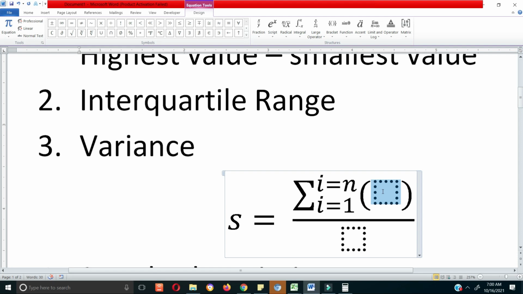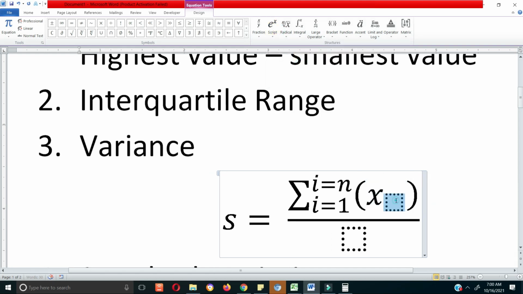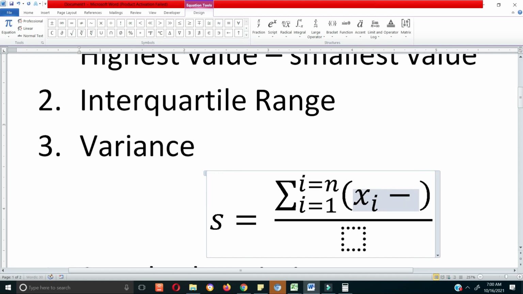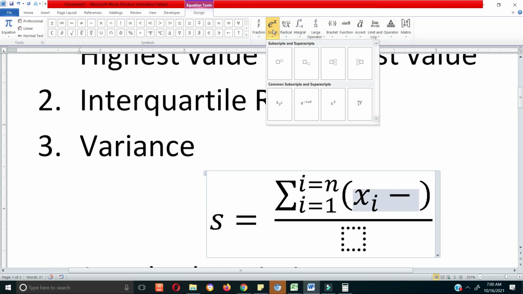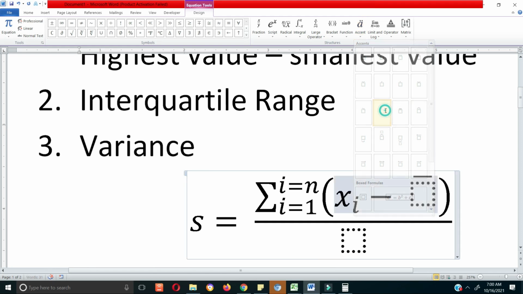You want to get the sum of all the different deviations: x of i minus your x bar, or the mean.